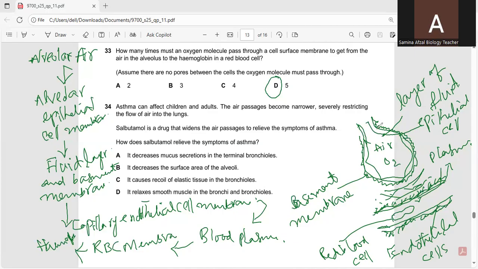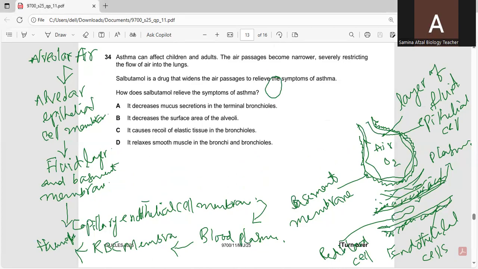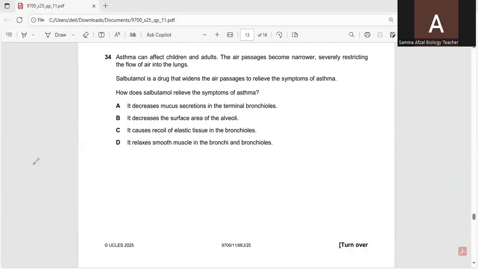Now we will move towards the next question, and in question number 34, asthma, a respiratory disease, can affect children and adults as well.